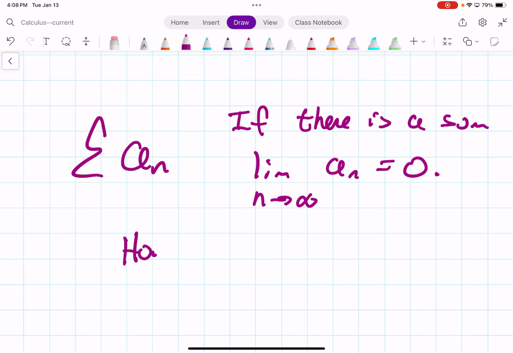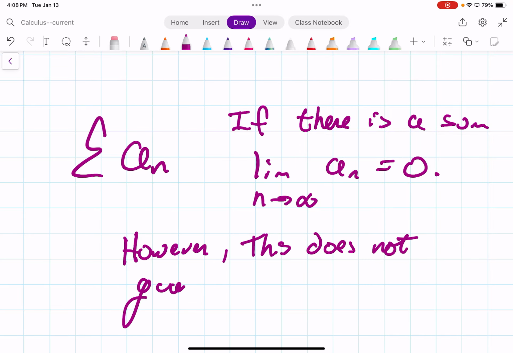However, this does not guarantee a sum. Now, for geometric, it does work. For geometric, there's no problem.